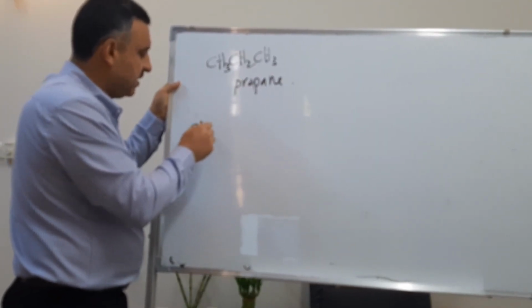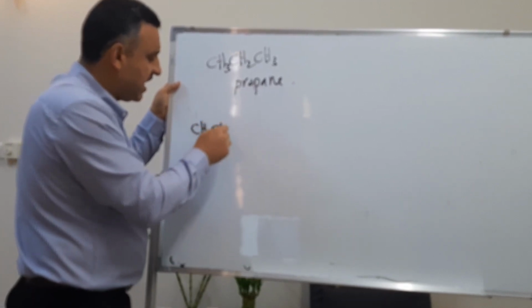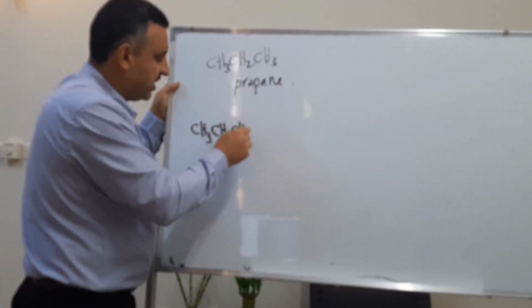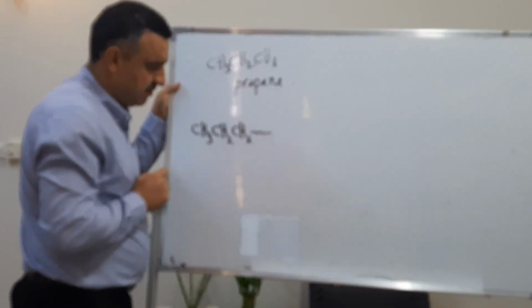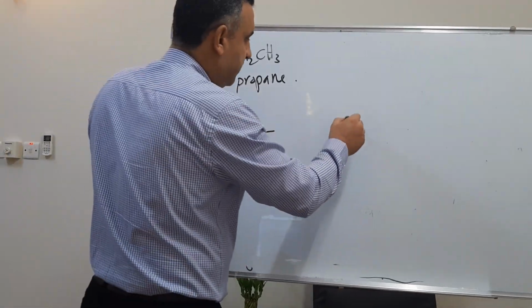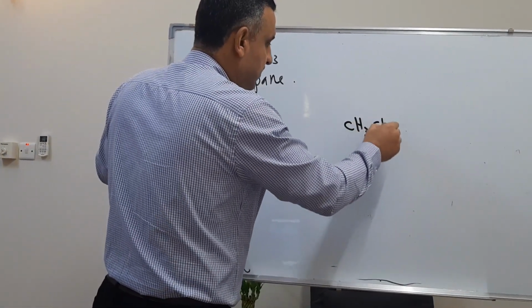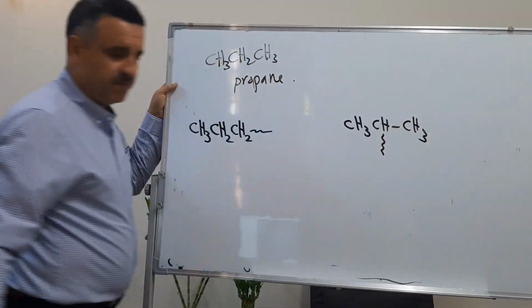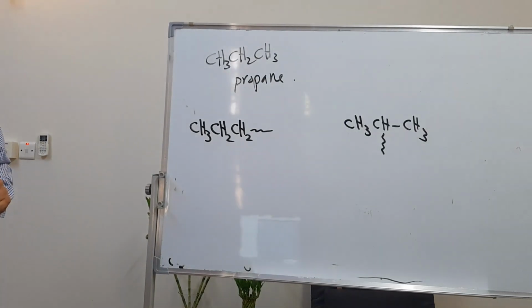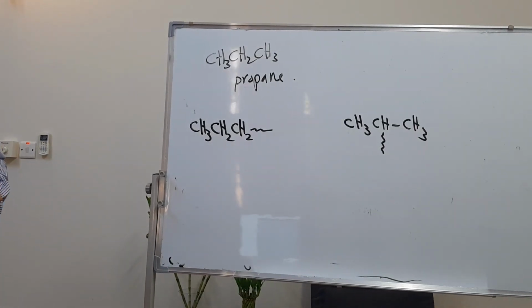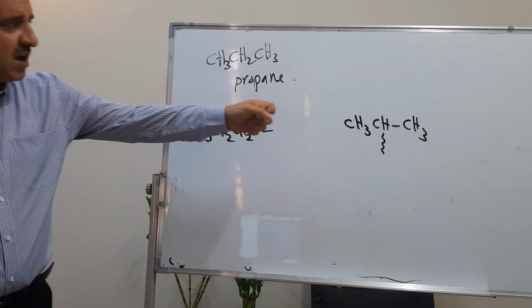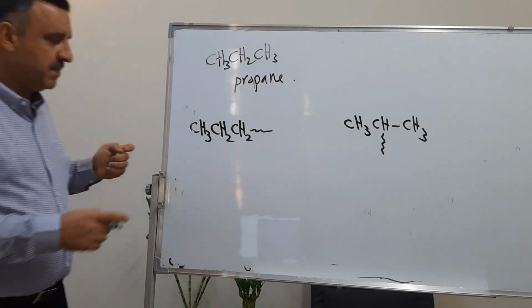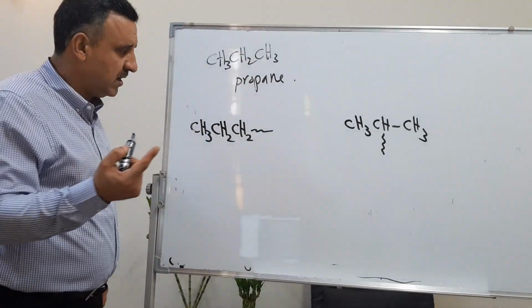For example, the loss of the hydrogen can be at the end of the chain, in this case from here, or it can be CH3, CH3, then it could be from here. Can you see these two different alkyl groups? Both are alkyl groups from the alkane, because they are missing one hydrogen only.